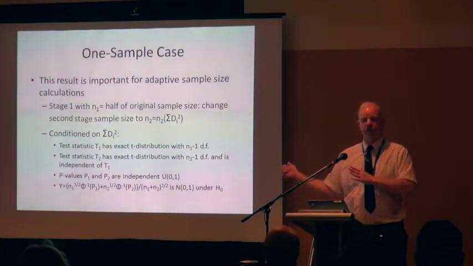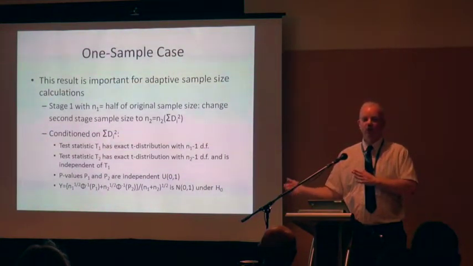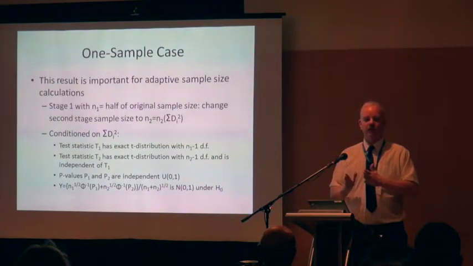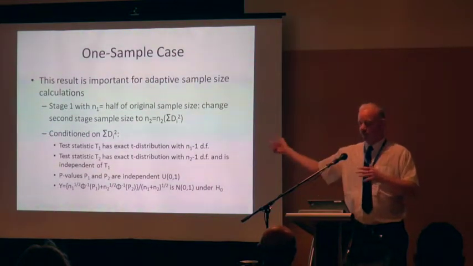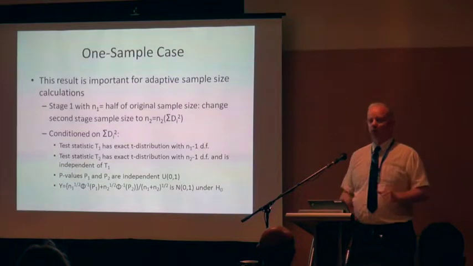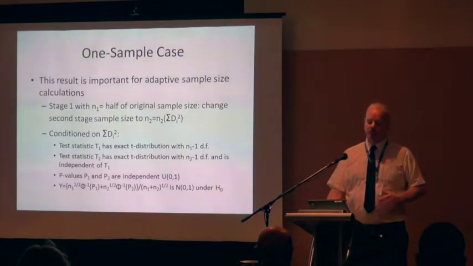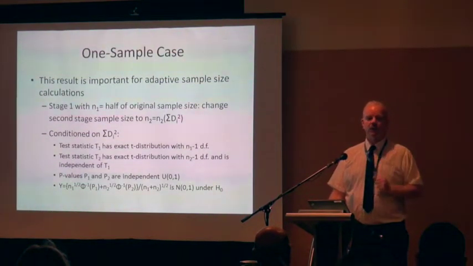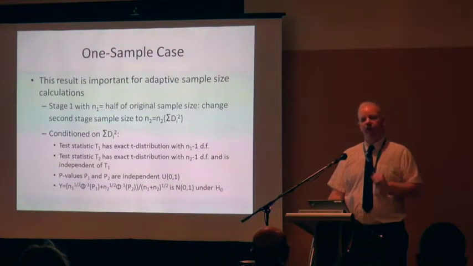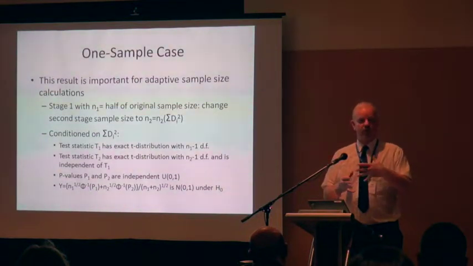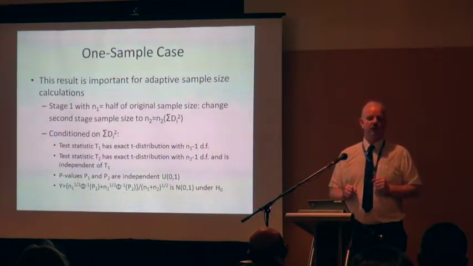So when we look at the absolute values of the Ds, we're actually going to see that there's a treatment effect, because the sum of the Di squares is beyond what we would expect. But remember, under the null hypothesis, you should not be able to gain an advantage. That's only if the null hypothesis is false. So even that, which feels like it's cheating, is still a valid thing to do.